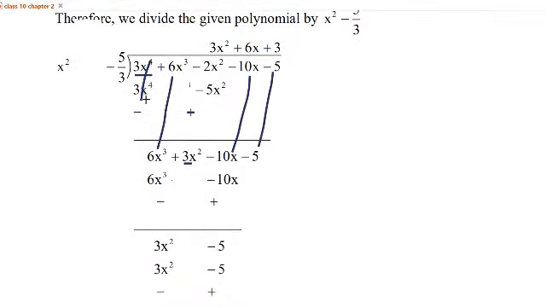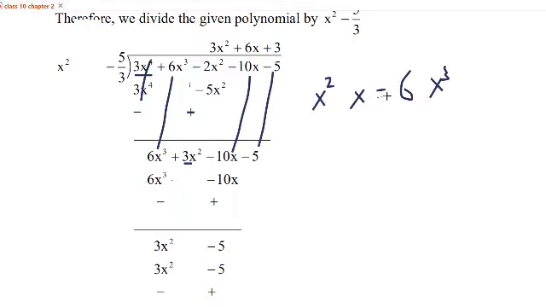Now what should be multiplied to x square to get 6x cube? First of all, we need x cube. It means I need to multiply this with x. Only then I'll get x cube.